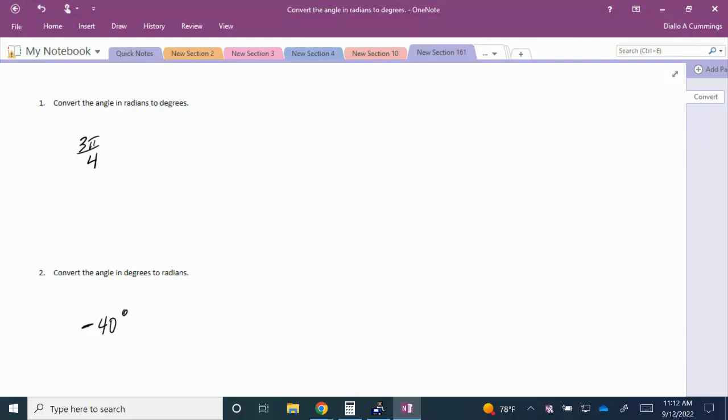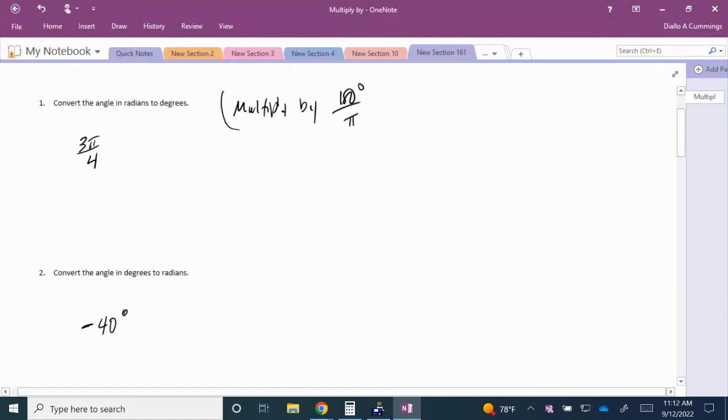So just to make sure everybody is on board with this, in order to convert from a radian to a degree measure, you want to multiply by 180 degrees divided by pi.